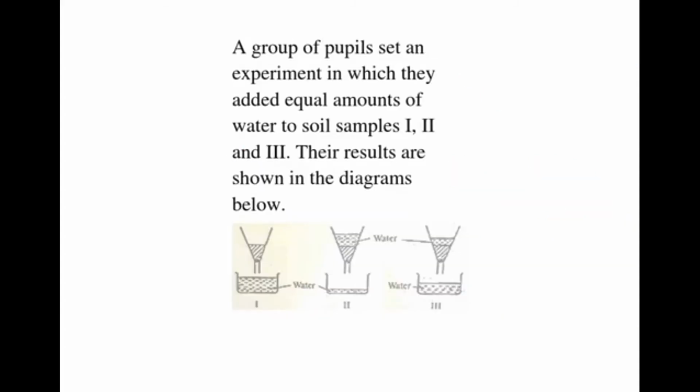A group of pupils set an experiment in which they added equal amount of water to the soil samples 1, 2, and 3. Their results are shown in the diagram below. We have 1, 2, and 3.